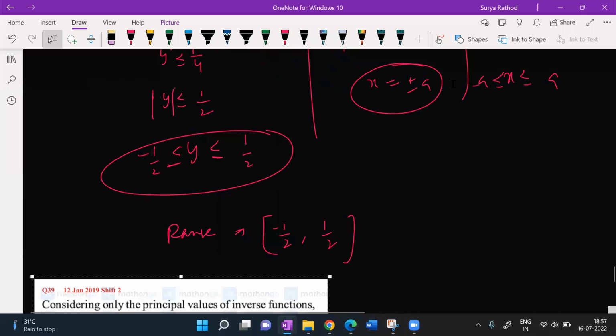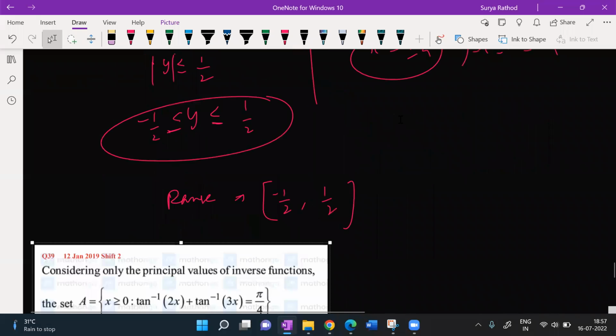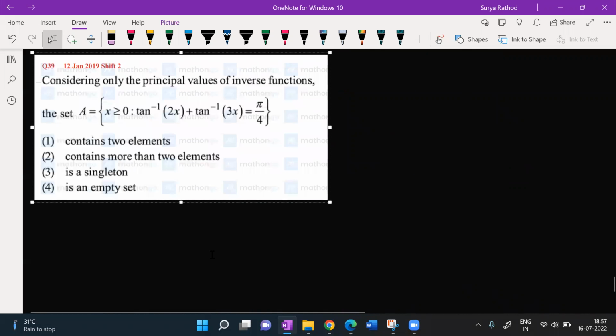Solve this question. Considering only the principal values of inverse functions.